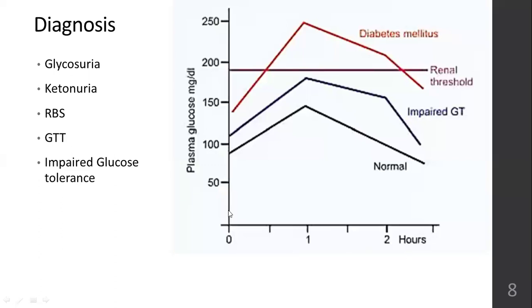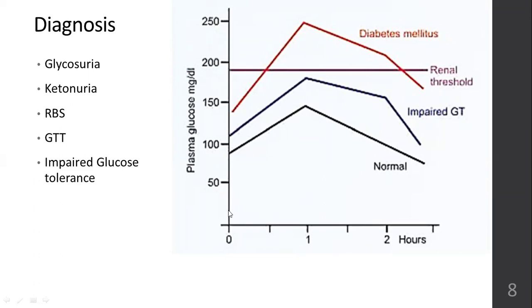Then you have the RBS test, that is the random blood sugar test. Any time of the day RBS can be done. A glucometer is available, and at home also people use glucometers nowadays. Using a glucometer at any time of the day, you can puncture the fingertip and collect a drop of blood. Whether you have eaten or not, are fasting, or it has been 2 hours since you ate something, that doesn't matter.